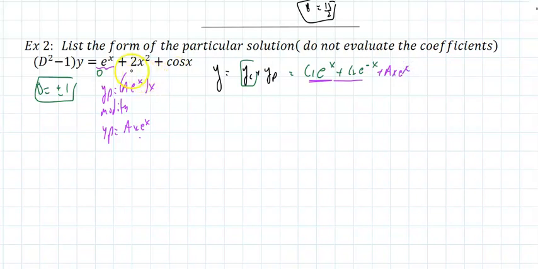And if I look at the general form of a quadratic, there are no constants or quadratic. That is, I already used a bx squared plus cx plus d. And if I look at a cosine, since there's no sine or cosine, plus e the cosine of x, f the sine of x.